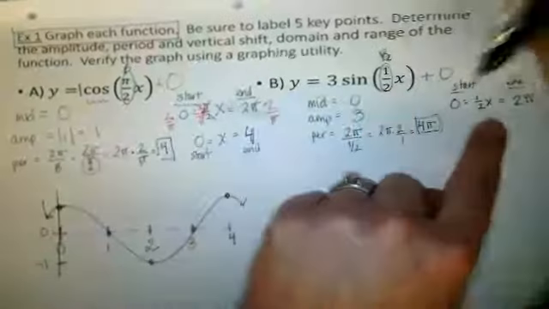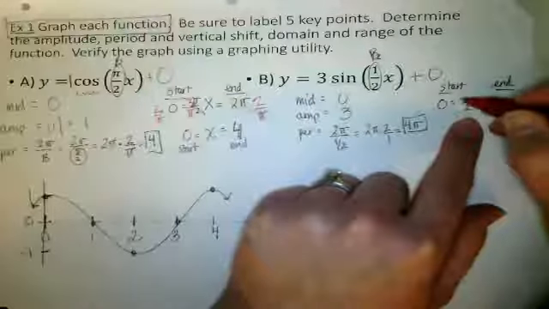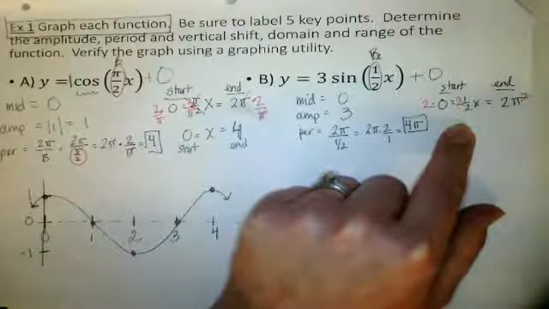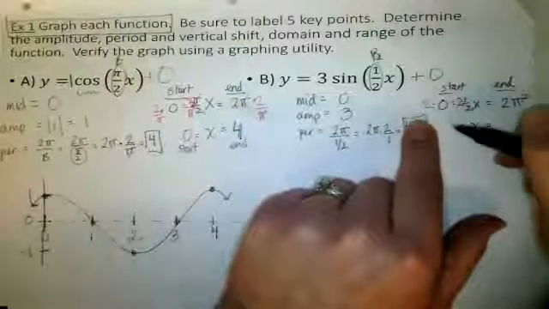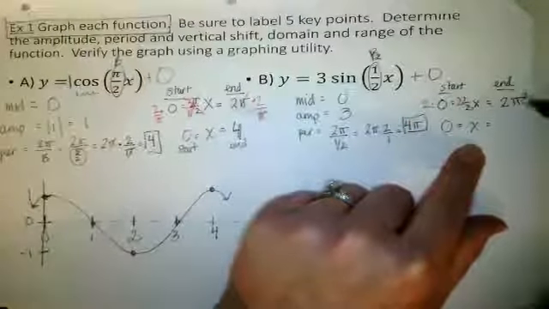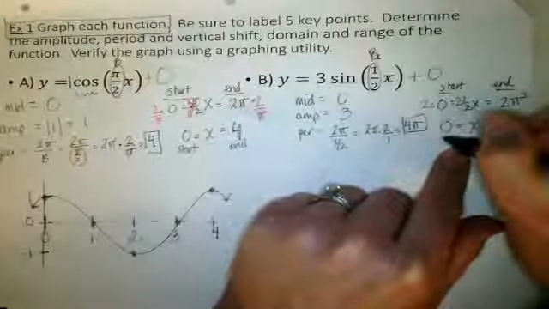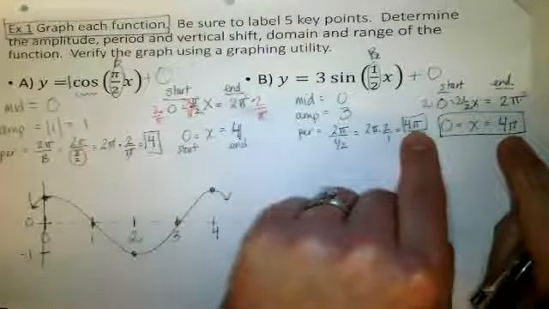So again, how do I isolate x? Times by 2. Multiply by the reciprocal, if you will. So that we get x in the middle. What's 0 times 2? 0. And 2 pi times 2? 4 pi. And so you can see that we get those starting and ending values. And today it just matches the period.